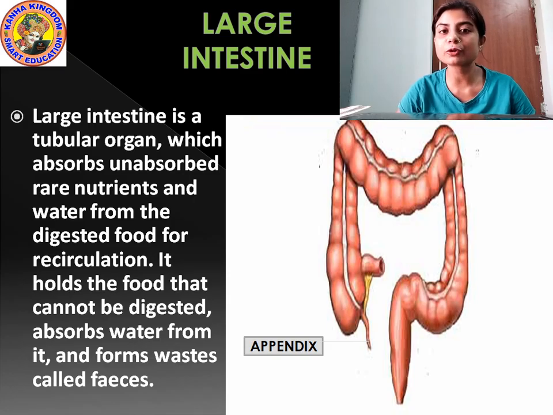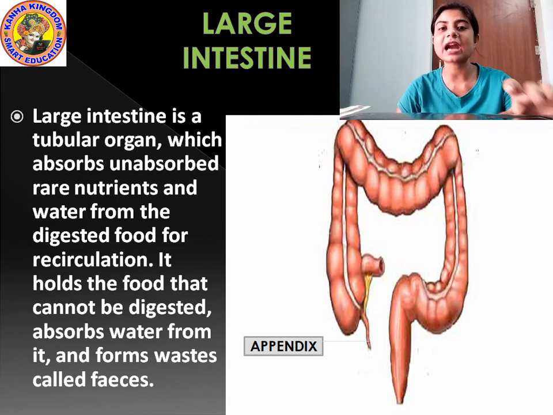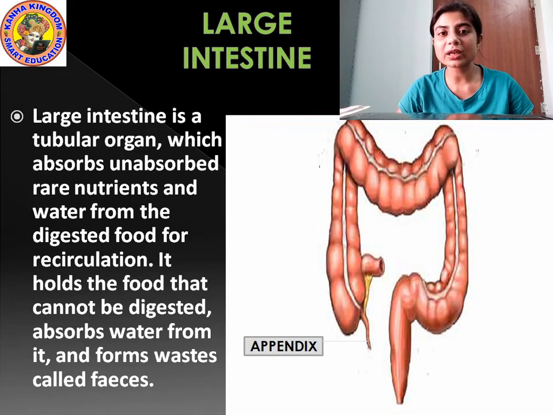The unabsorbed food is passed from the small intestine to the large intestine, where the large intestine absorbs the rare nutrients of the food and the water and also recirculates that water into the body, and the remaining food that is not digested forms waste, and that waste is called feces. F-A-E-C-E-S, feces. Understood?